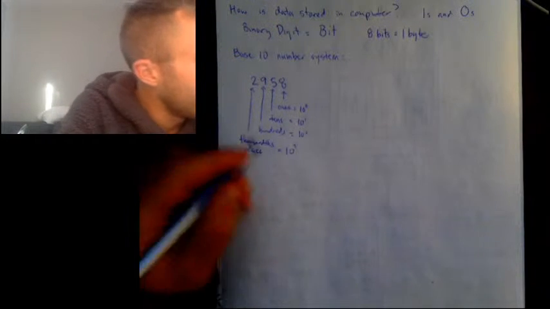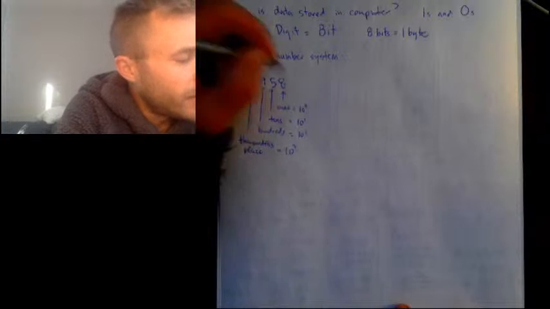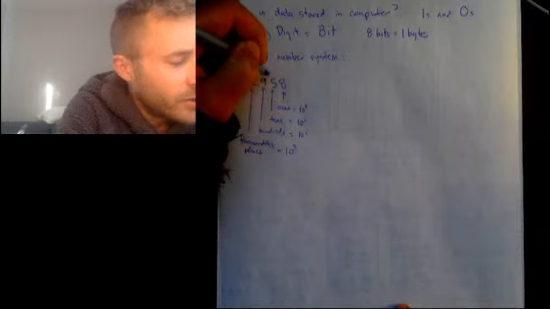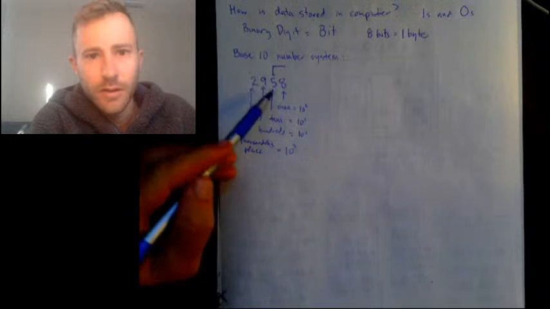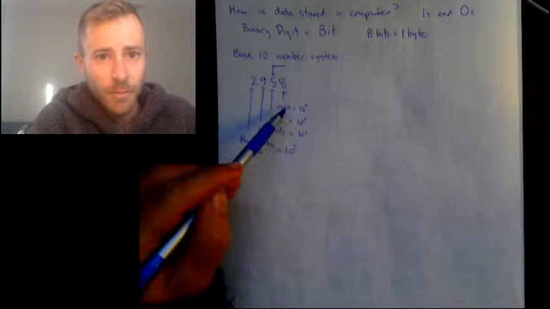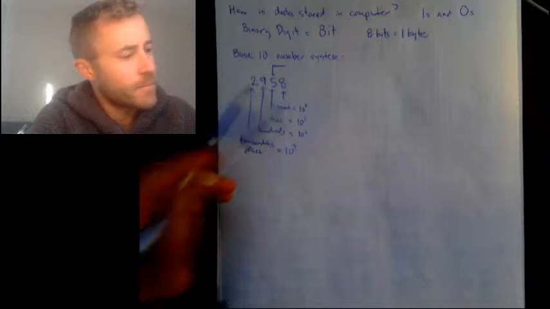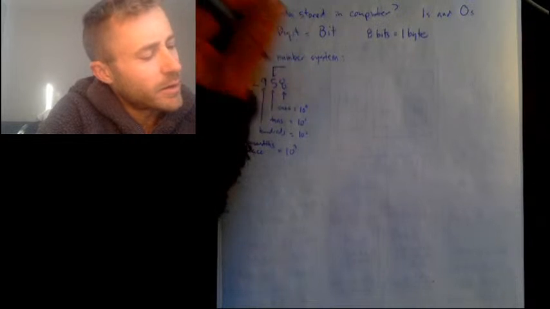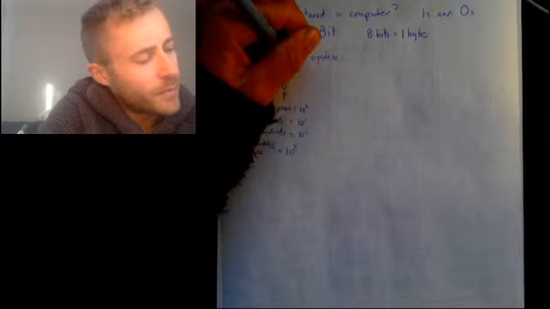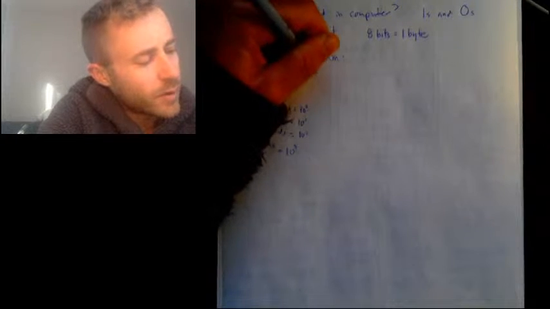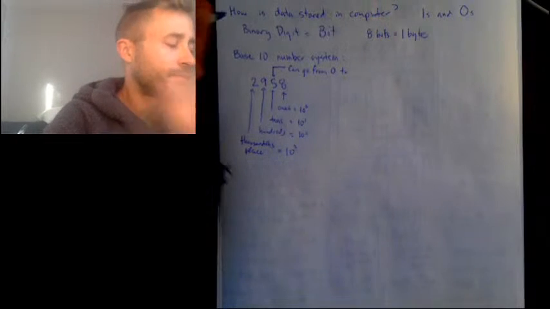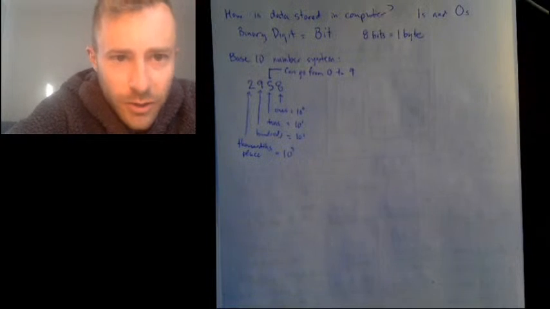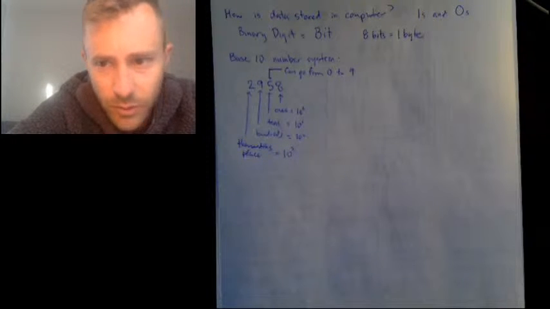All right. And then if you think about the digits, a single digit within your base 10 number can go from 0 to 9. So the largest individual digit is 9.